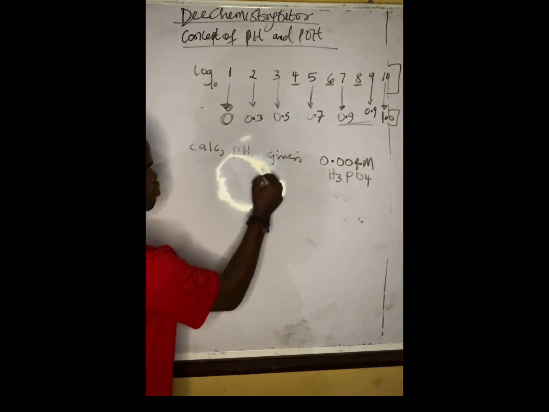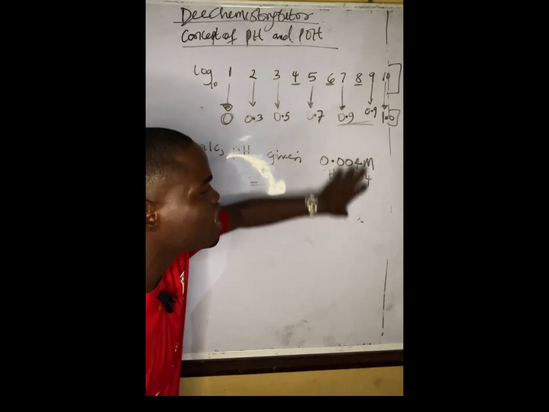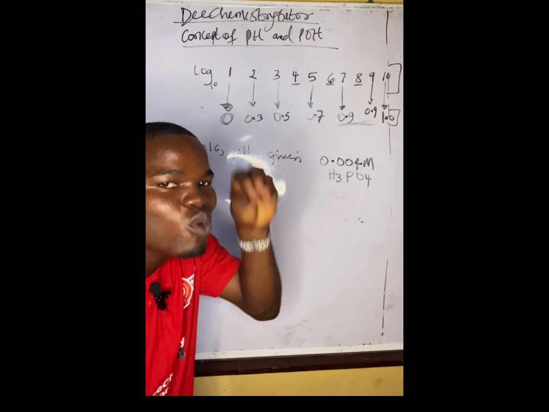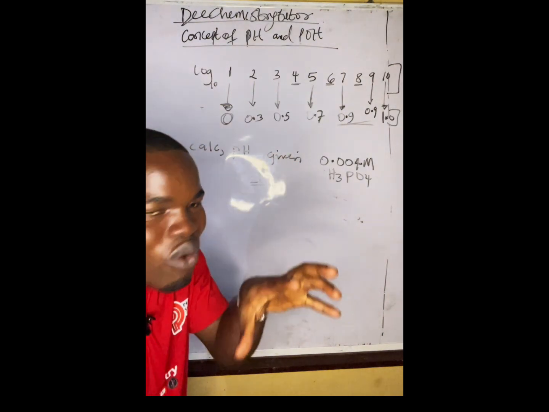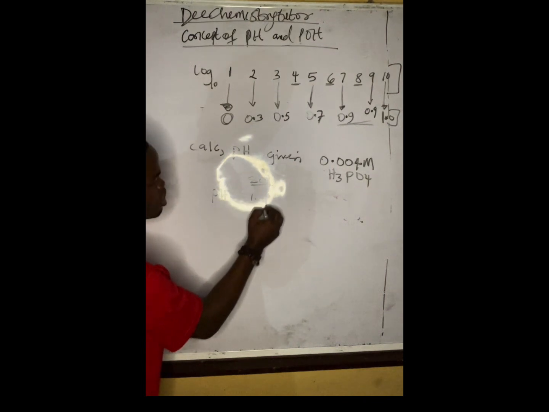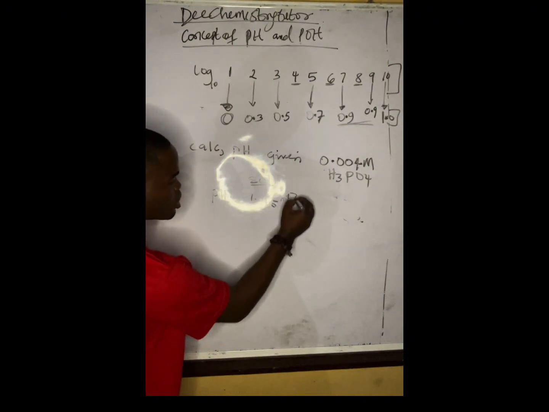Solution. When we have H3PO4, this is what they gave me. But in terms of pH, H3PO4 is not there. It is H plus that is there, not H3PO4. Okay, so now let's go. pH is minus log to base 10 of the concentration of H plus.